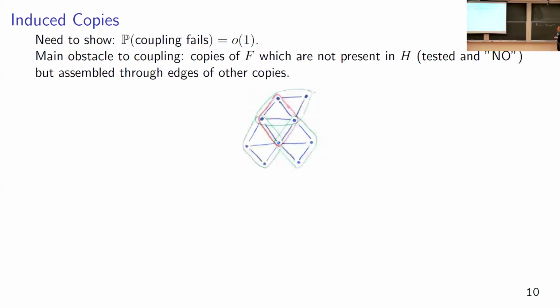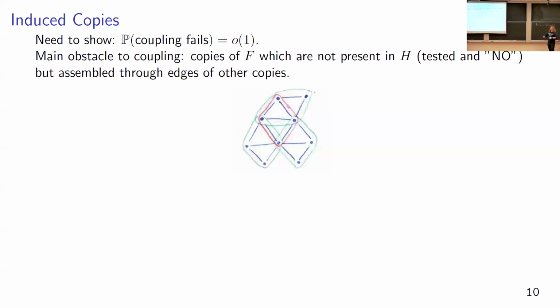And it turns out there is a graph theoretic obstruction to this, which maybe counterintuitively comes from having too many copies of F in G that do not correspond to hyperedges in H. I say counterintuitively because in principle, if you want to see an F factor, then having more copies of F is always good.